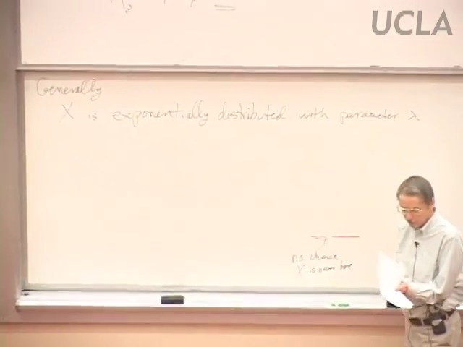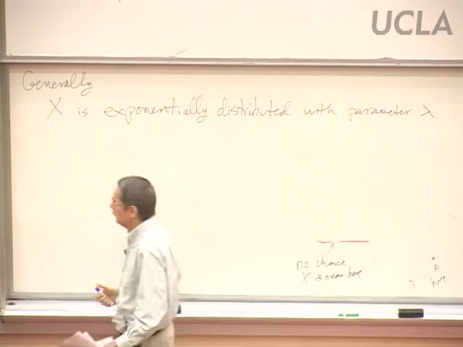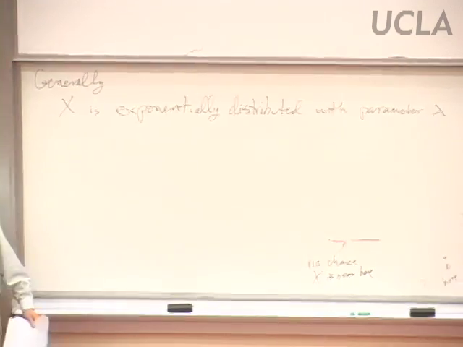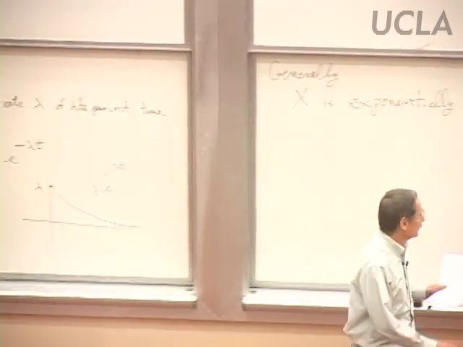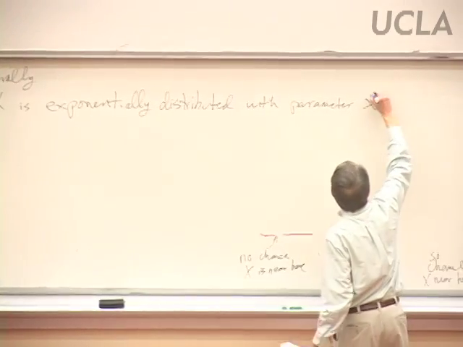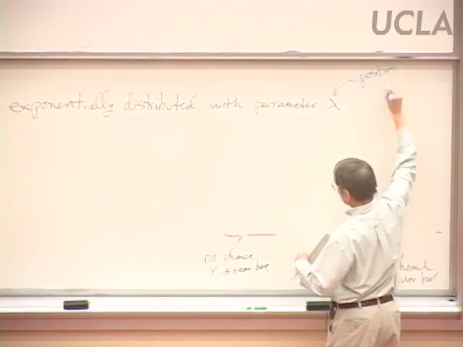Lambda has to be a positive number. It can't be negative. I mean, you know, the area under this curve is 1, but if lambda were negative, it would be a very different situation. Lambda some positive constant.